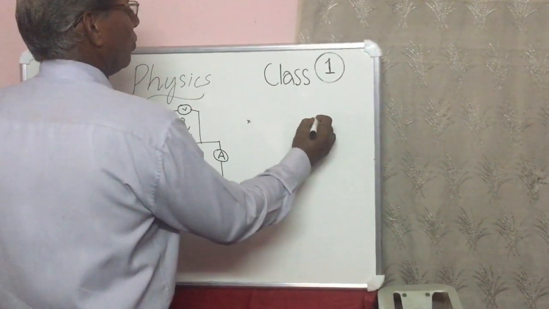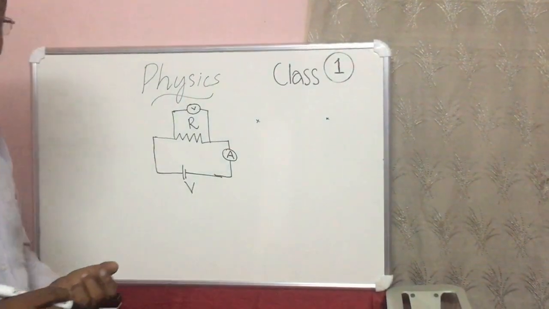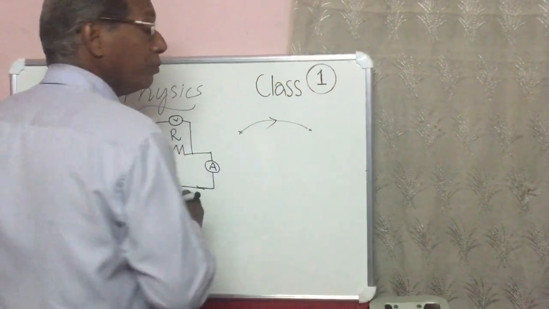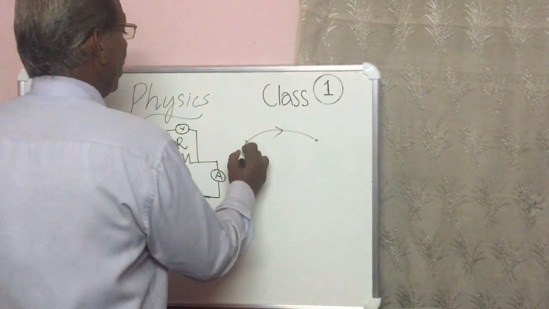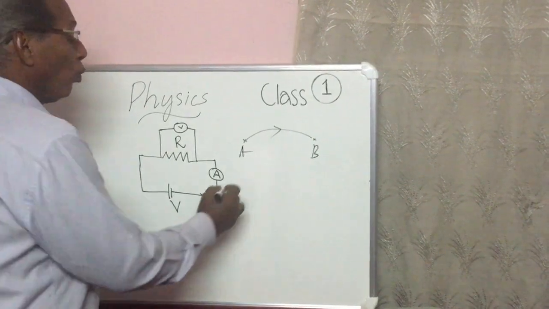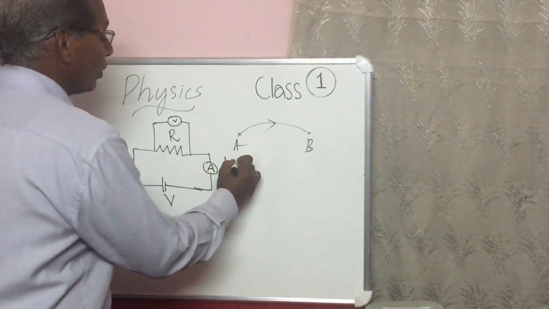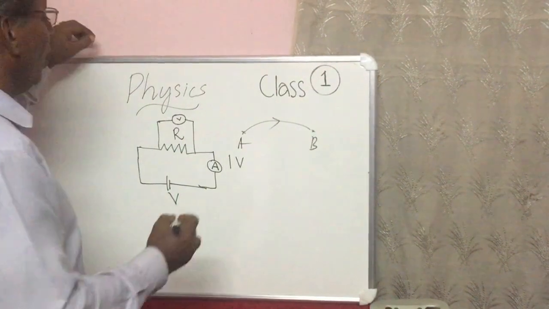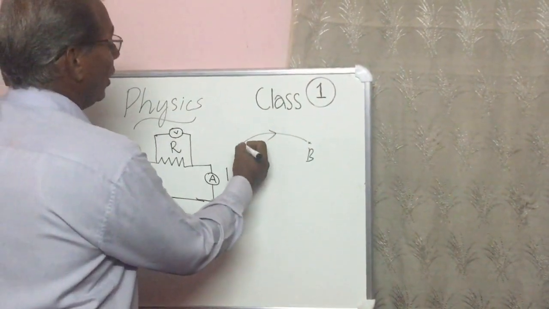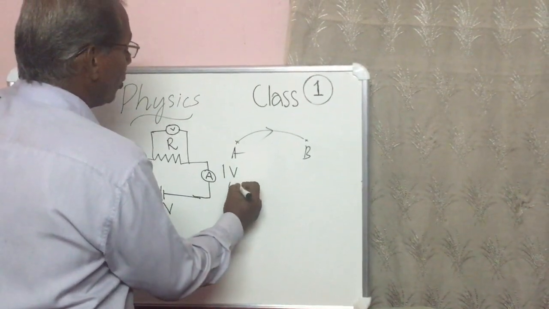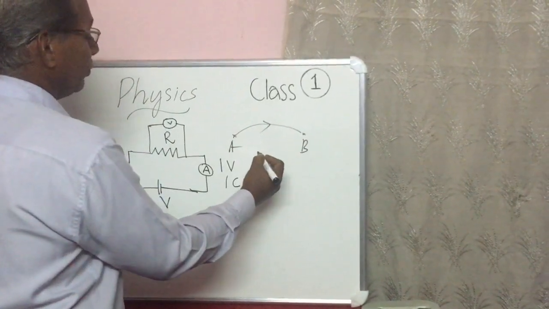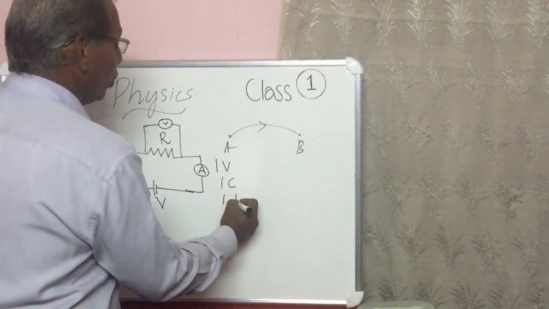This voltage between 2 points constitutes a current. If the voltage between A and B is 1 volt, the work done in moving 1 coulomb charge from one point to another point is 1 joule.